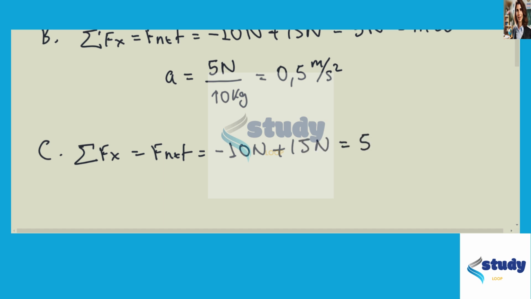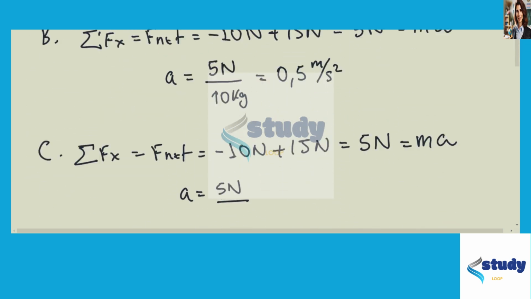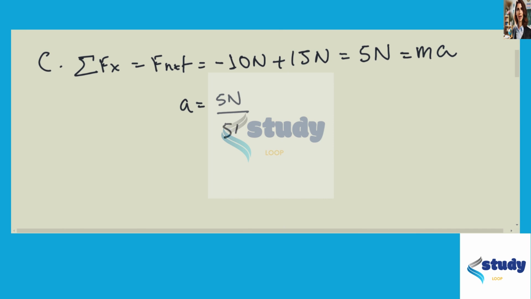This will give us again 5 newtons, and this is equal to the mass times the acceleration. The mass for this box is 5 kilograms, so we obtain that the acceleration is equal to 1 meter per second squared.